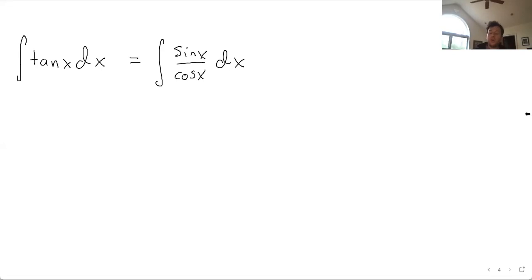And so if this is going to be a U substitution problem, what is U going to be? Sounds like a horribly ungrammatical sentence. So there are really two options, sine or cosine. What's the better choice for you?